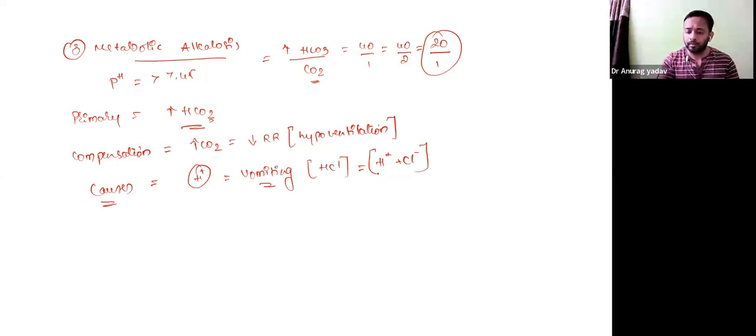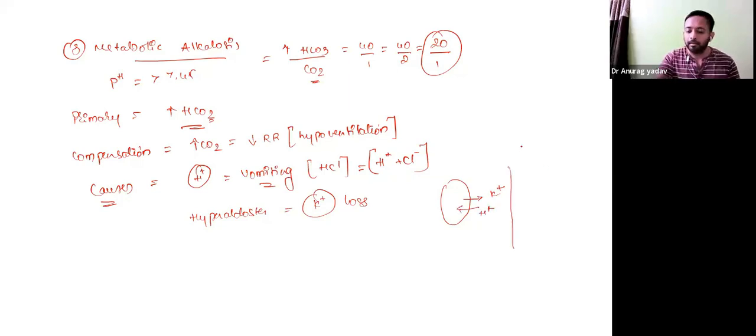So that is one. Second is excessive aldosterone, that is called hyperaldosteronism. In hyperaldosteronism, there is excessive potassium loss. Because of this, in the normal body cells, the potassium is lost out of the cell in exchange for H plus ions.